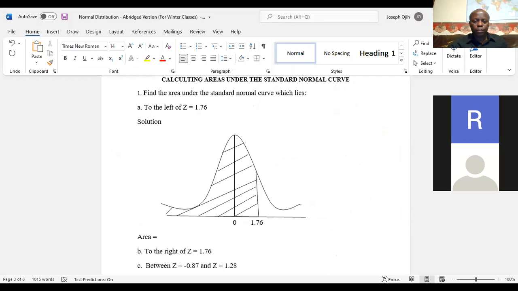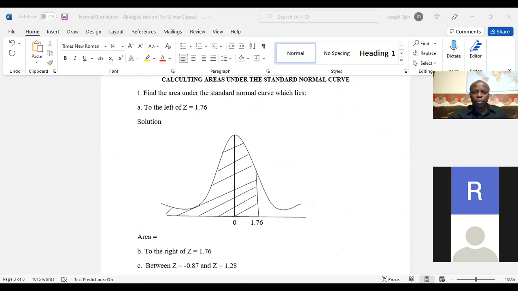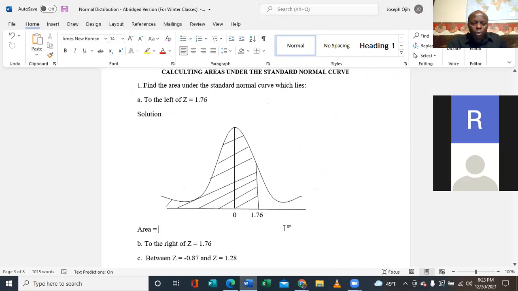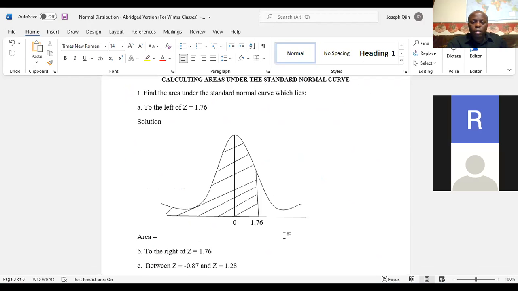So let's look at the Z value to get the area. I recommend that you use this table for this class so that you don't get confused. So this is the Z value here, and it is 1.76, I believe. We're looking for 1.76. Okay, good.